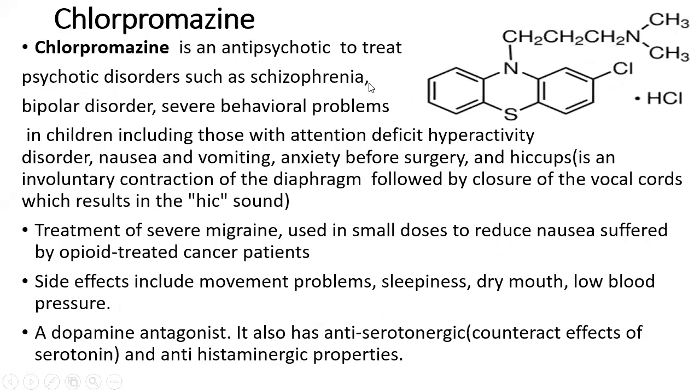Chlorpromazine is an antipsychotic which is used to treat psychotic disorders such as schizophrenia, then bipolar disorder, then severe behavioral problems in children, mainly children with attention deficit hyperactivity disorder. So this particular drug is an antipsychotic which is used to treat different psychotic disorders.